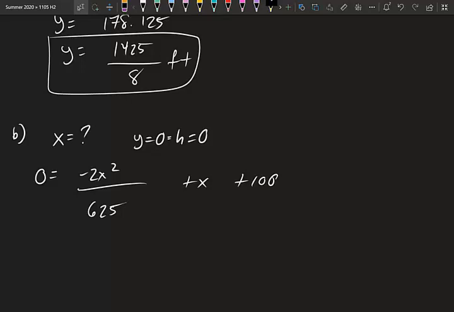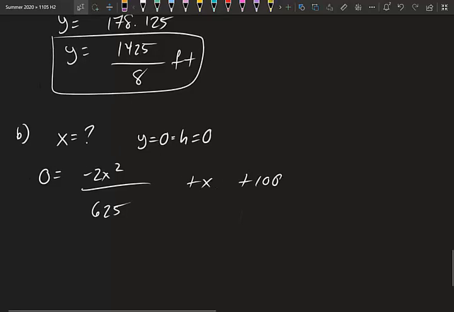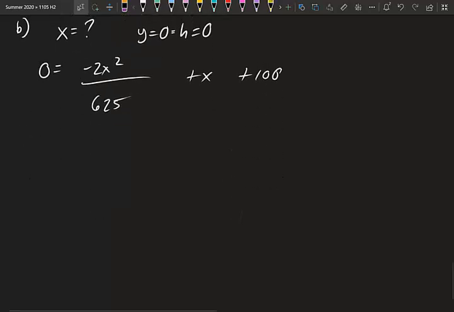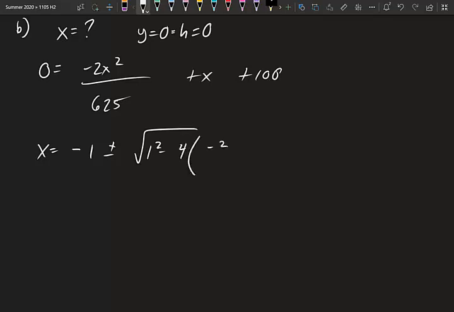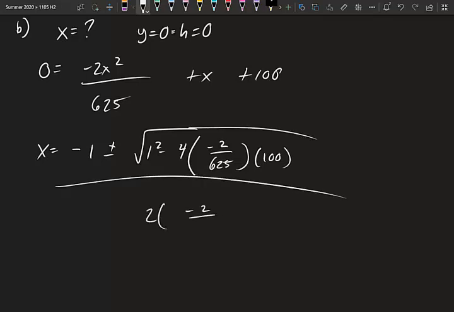Now we need to use the quadratic formula because we can't factor this. So we have x equals negative b, which is 1, plus or minus the square root of b squared, so 1 squared, minus 4 times a, which is the fraction, times c, which is 100, all over 2 times the fraction.